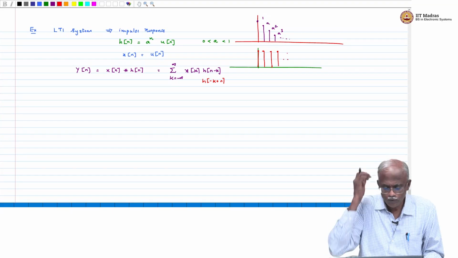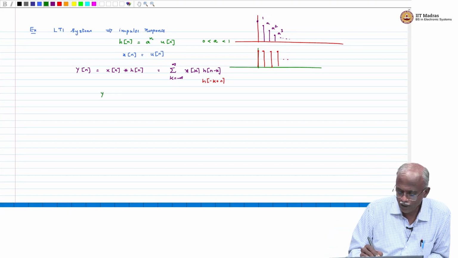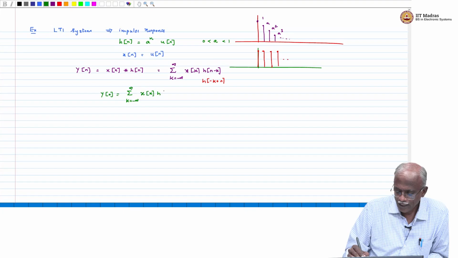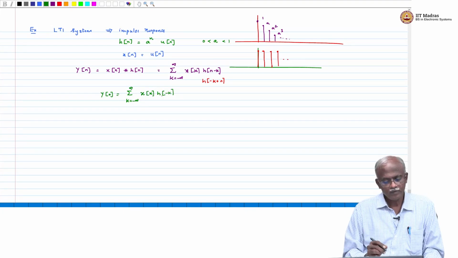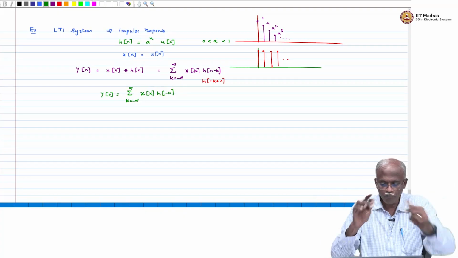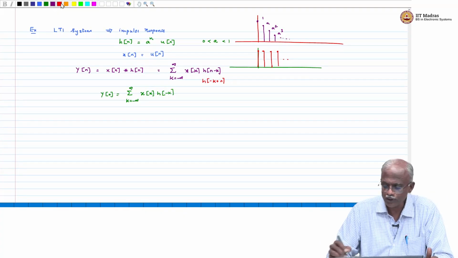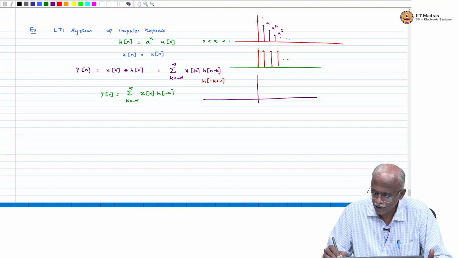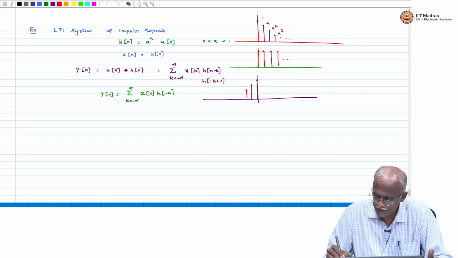Okay. Now, first sample y of 0 is equal to, write down the expression, summation k equal to minus infinity to infinity x of k h of minus k. So, that means n is equal to 0. Therefore, you are going to flip the impulse response h of n. I will not label them, but you know the decaying exponential. Now, it is flipped.